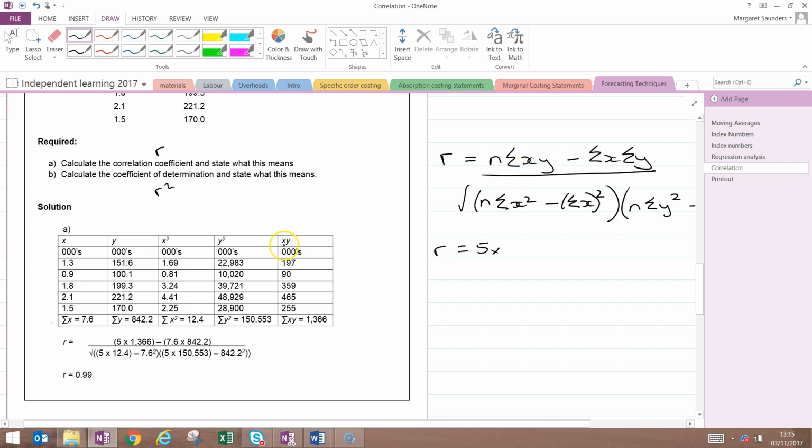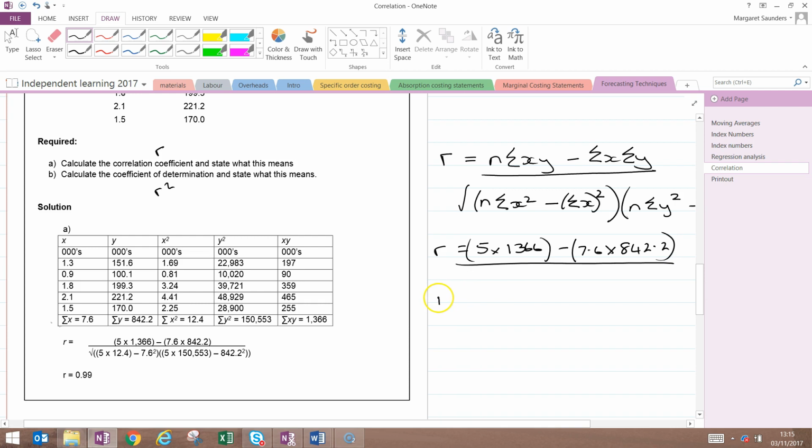So r is equal to 5 times sigma xy. Go to the xy column; sigma means total. 1366 minus sigma x times sigma y, which is 7.6 times 842.2.